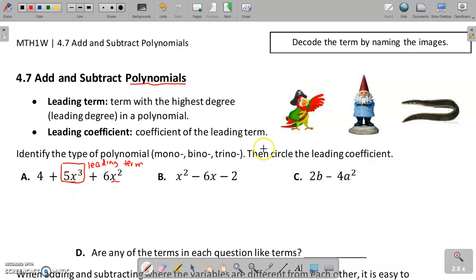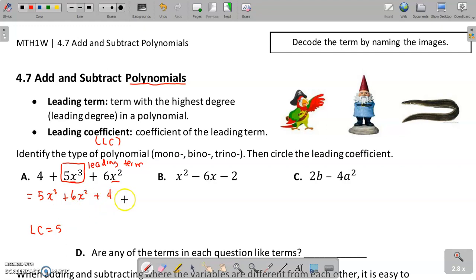So if I use the acronym LC for leading coefficient, we can see for this expression A, the leading coefficient is 5. And if we're to order these with the leading term first, we would have this is equal to 5x cubed plus 6x squared, or 6 to the power 2, plus 4.